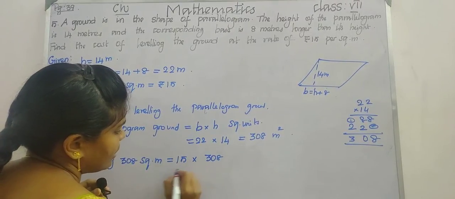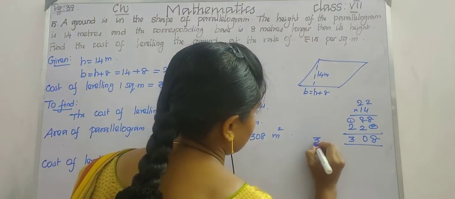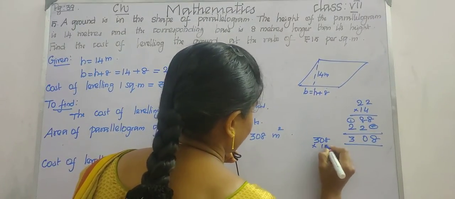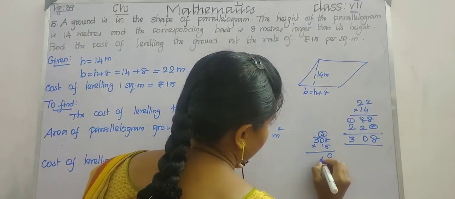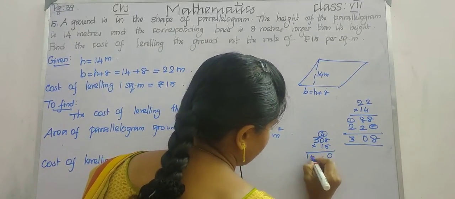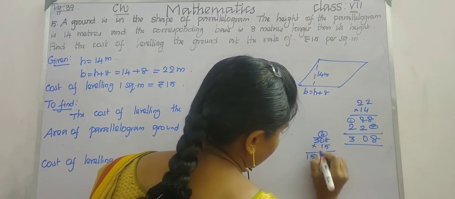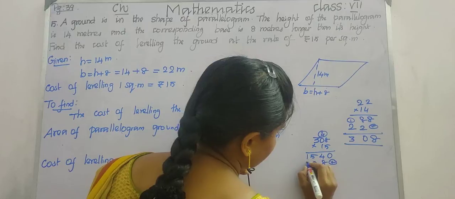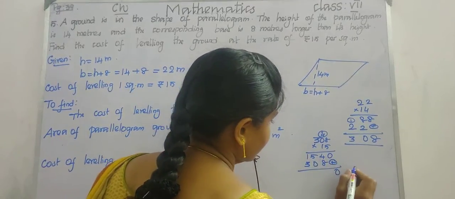So what will you get? Let us multiply 308 into 15. 8 5s are 40, so 4 as the carry. Now 3 5s are 15. Now put plus circle. 1 8 is 8, 1 0 is 0 and 1 3 is 3. So 0, 8 plus 4, 12.